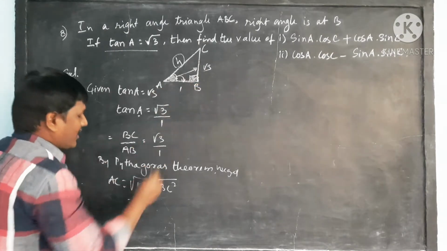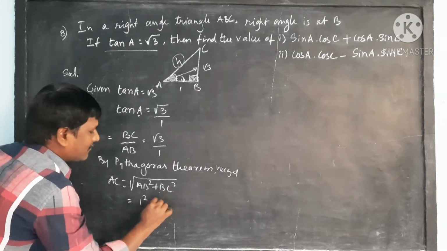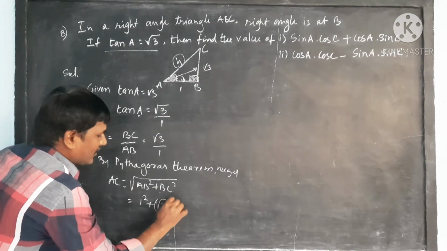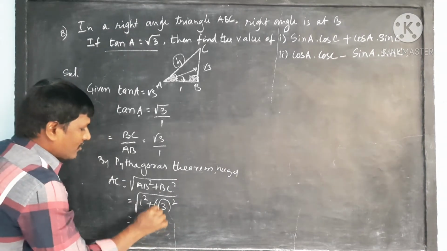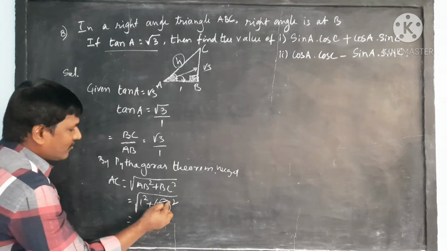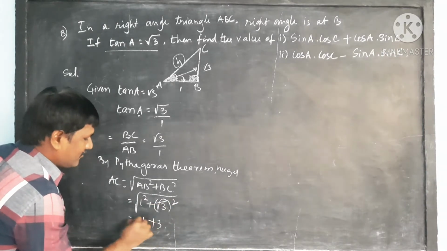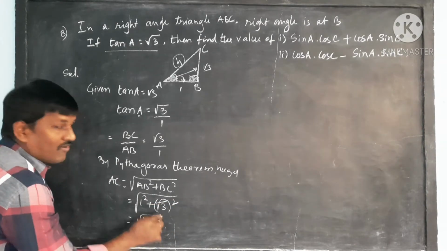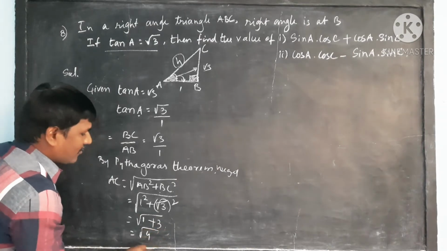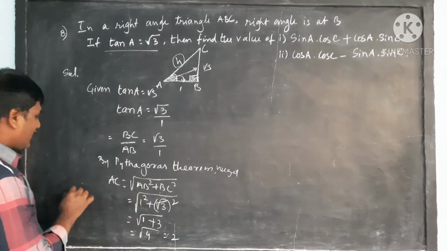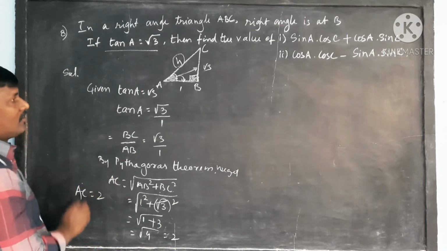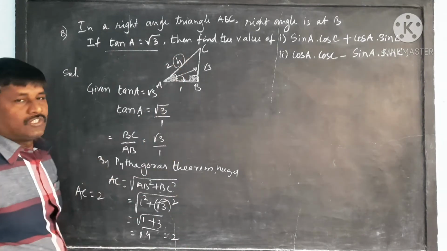AB means 1 square plus BC means root 3 whole square, under root. So 1 square is 1, root 3 square is 3, you can cancel the root 3 and the square. Then the sum of 1 and 3 is under root 4, which is equal to 2. Therefore AC is equal to 2.